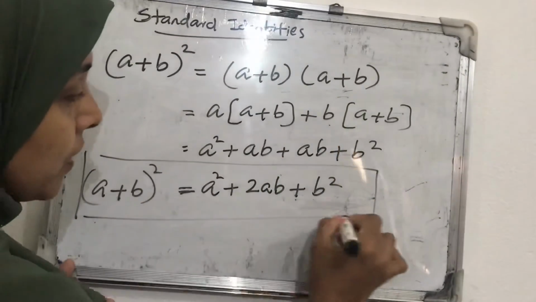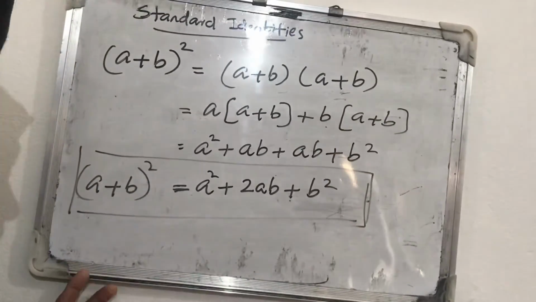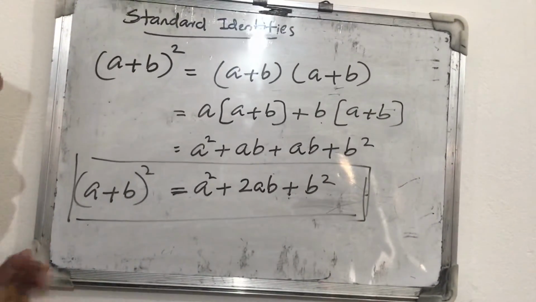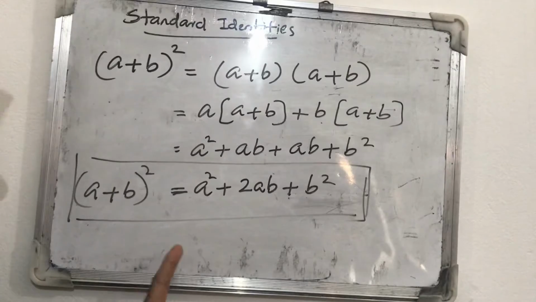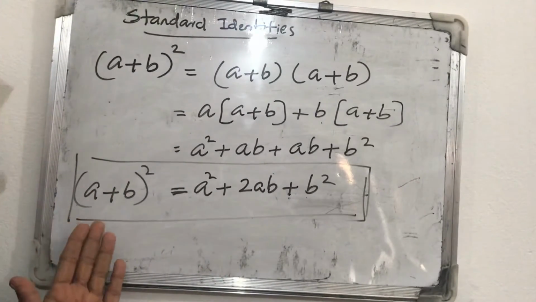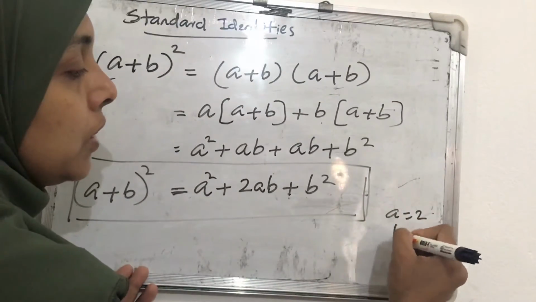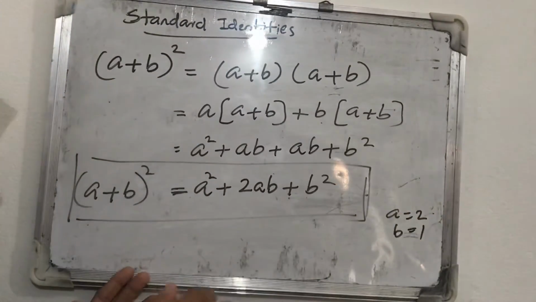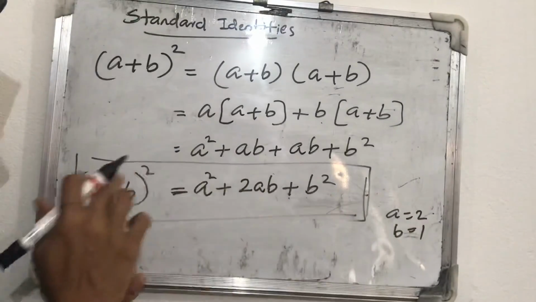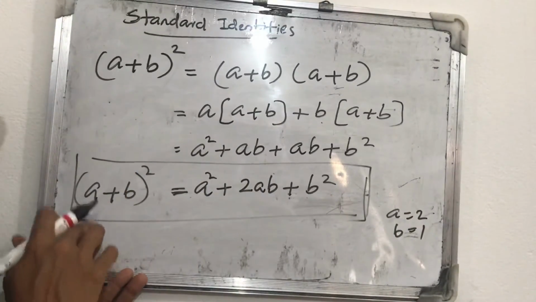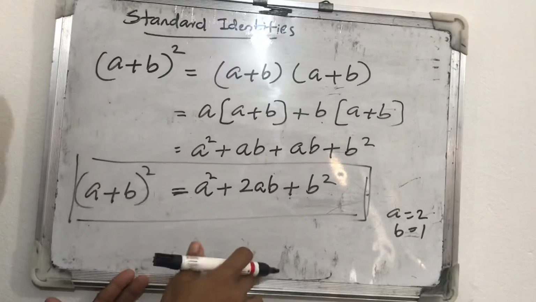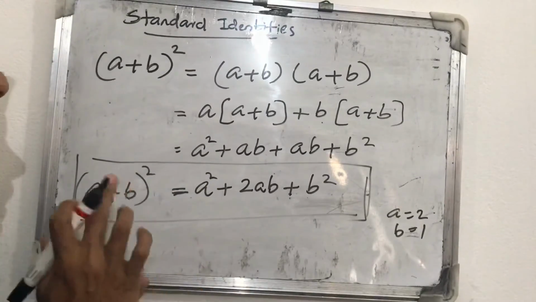This is the first standard identity: (a plus b) whole square equals a square plus 2ab plus b square. Now if you give any values for a and b, suppose a is equal to 2 and b is equal to 1, then when we check those values, the LHS will be equal to the RHS. This is a standard identity.